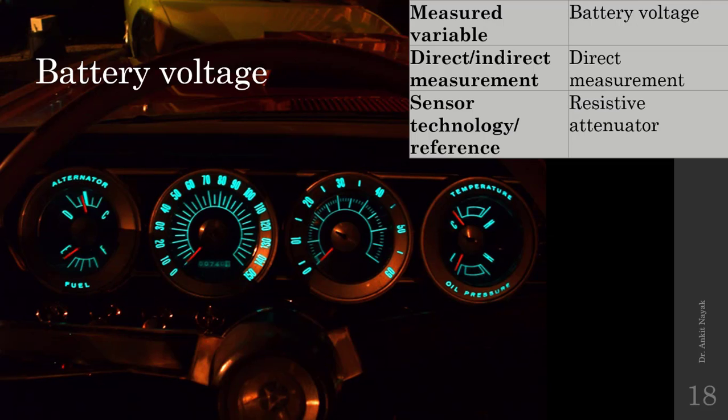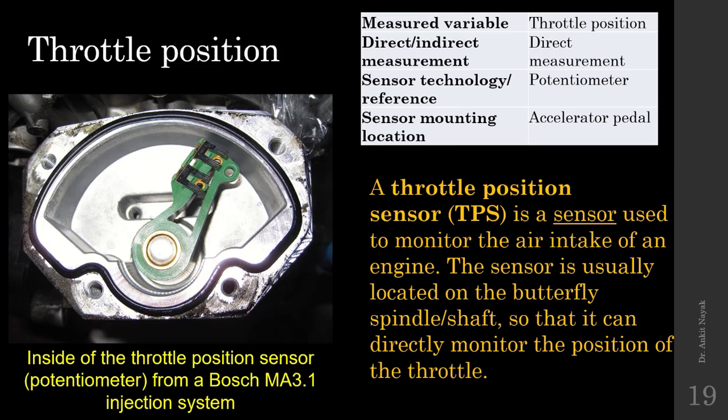Another thing is the battery voltage. It is a simple voltmeter that you can use for the measurement of battery voltage. Then throttle position. To measure the throttle position, we can use direct measurement, or a potentiometer is used for this purpose, and the location of the sensor is the accelerator pedal.